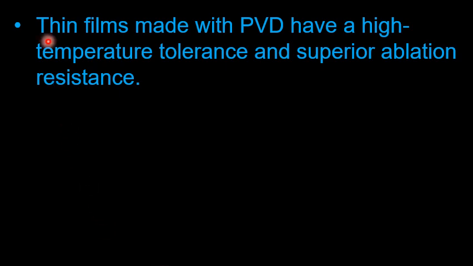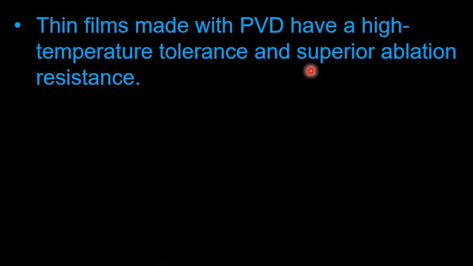Now, thin films made with a PVD process have a high temperature tolerance and superior ablation resistance. So this means that the film which is deposited with a PVD process has high temperature tolerance. Even if you heat the film at a higher temperature, it is very difficult to evaporate the PVD deposited thin films, which means that thin films deposited by a PVD process are superior in ablation resistance.